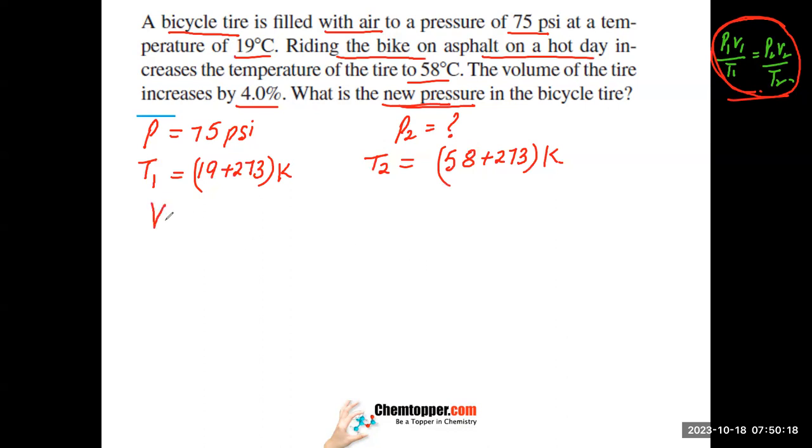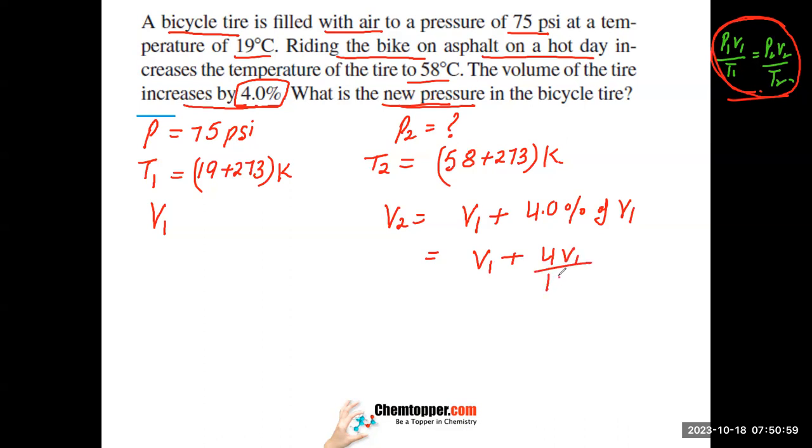Is V1 given to you? No. So let's take it as V1. Is V2 given to you? The volume of the tire increases by 4%. Means it is V1 plus 4.0% of V1. So it is V1 plus 4V1 over 100.